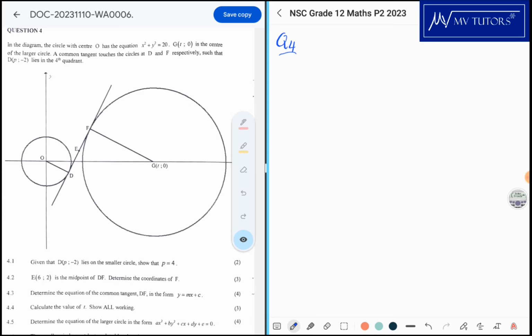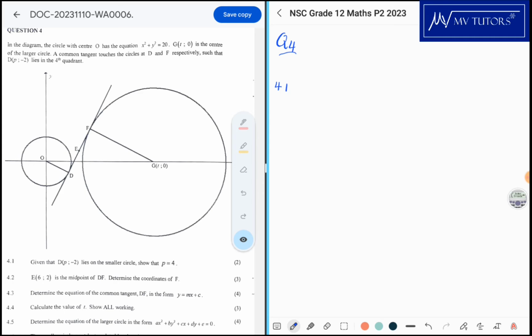A common tangent touches the circles at D and F respectively, such that D, which has the coordinates P and -2, lies in the 4th quadrant. Interesting. So let's go ahead and answer the question. 4.1 says, given that D is P and negative 2 and lies on the smaller circle, show that P is equal to 4.